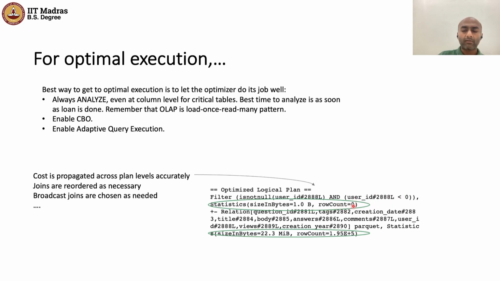Therefore, the row count is 0, and therefore the size is like 0 constant, like 1 byte. So this info basically is available at planning time. It doesn't actually need to use adaptive query execution either for this. And why is this available at planning time? Because of the analyze step. Right? So makes it very conducive.